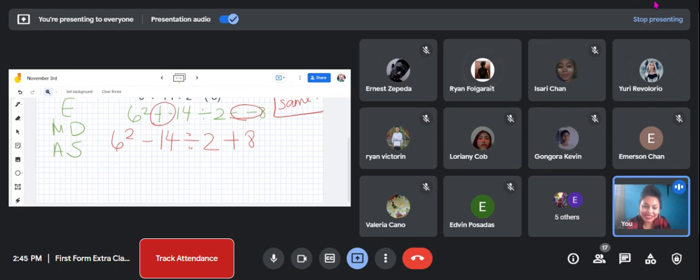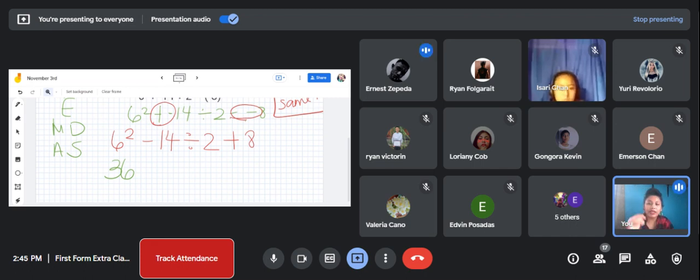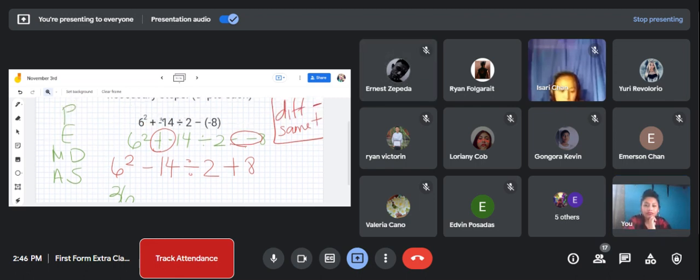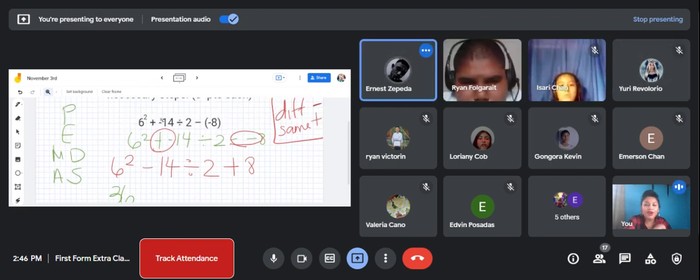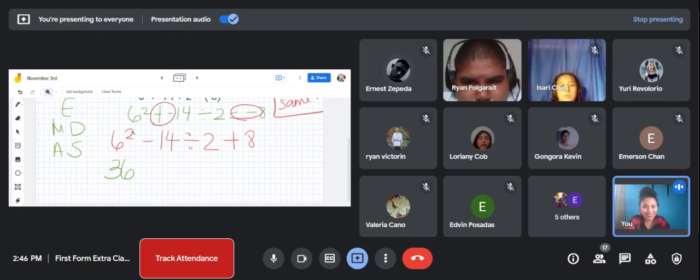And what is 6 times 6? 36. Some students thought they saw 62 rather than 6 to the second power, so I went back to check that I'm not giving you a wrong problem.